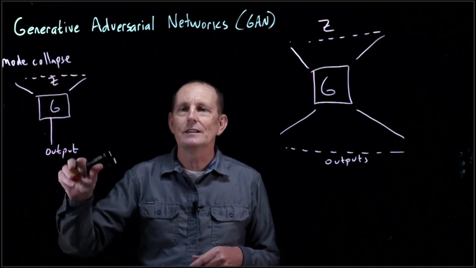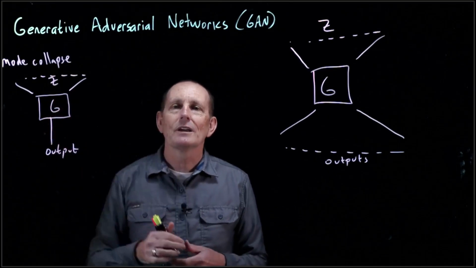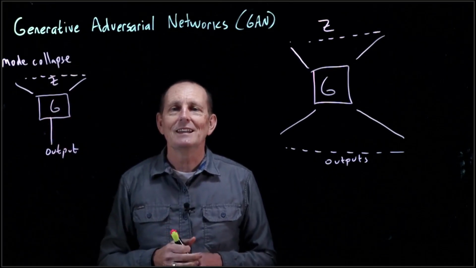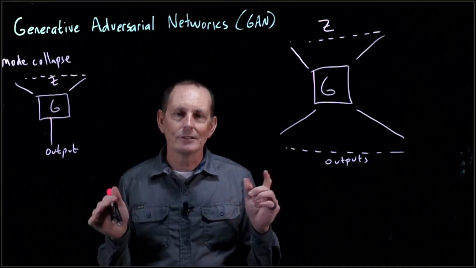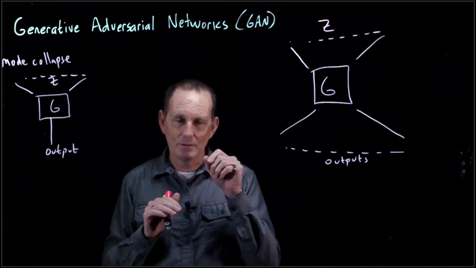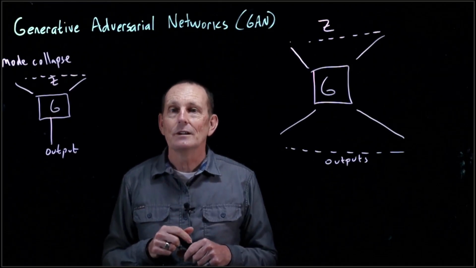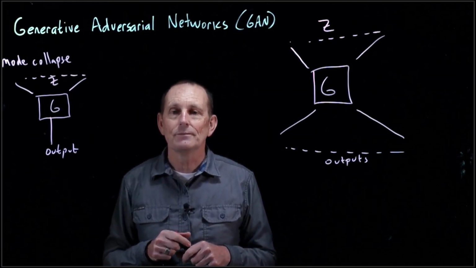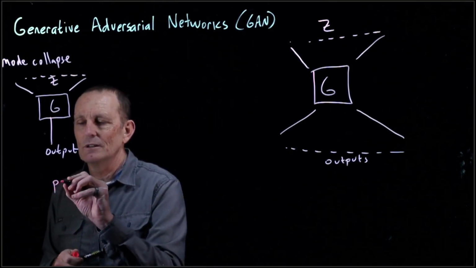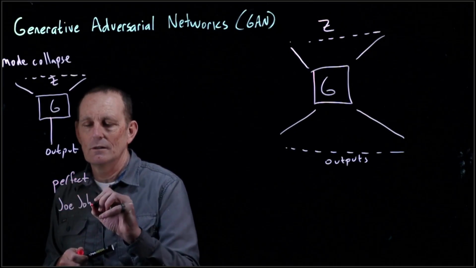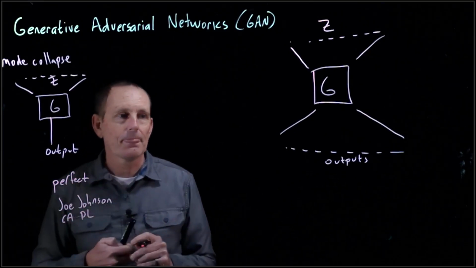The neural network has learned a really good fake ID of Joe Johnson, and it looks just like Joe Johnson, with a perfect seal and everything else. The discriminator is fooled by this perfect Joe Johnson California driver's license.